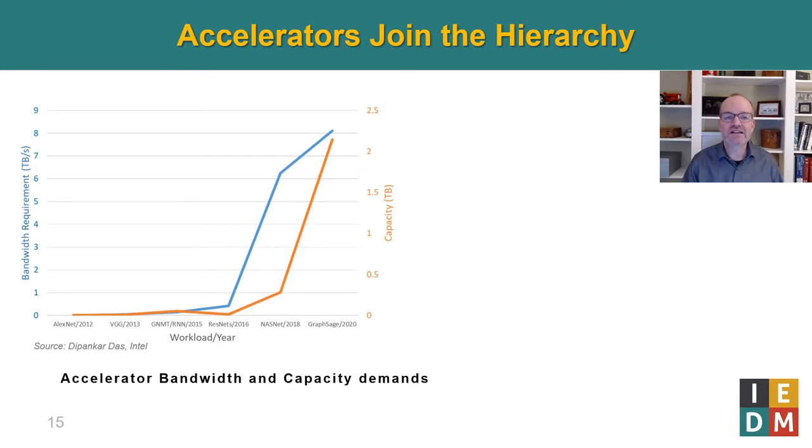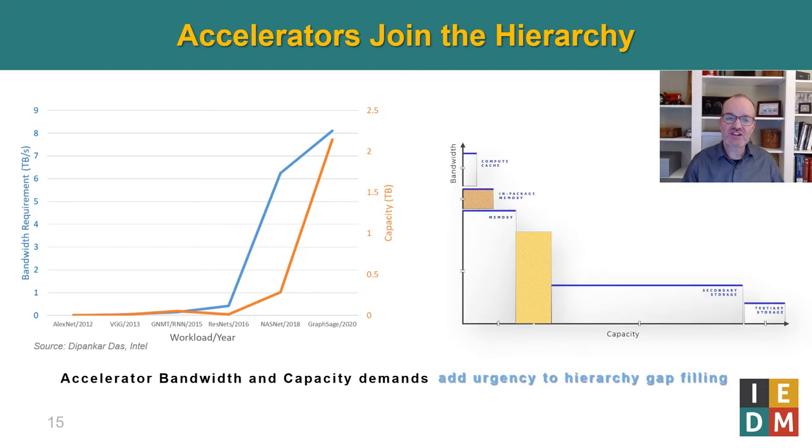And then finally, we find that accelerators join the hierarchy. And very interestingly, accelerators for a long time have been asking for very high bandwidths. And I think conventional wisdom is that when you have an AI accelerator, it's all about bandwidth. But one of the things that's changing as we go forward in time is we're starting to see larger and larger models and larger data sets that operate on those models.